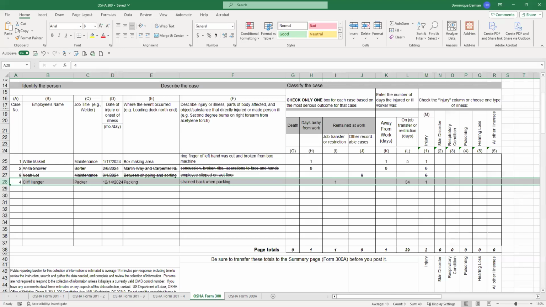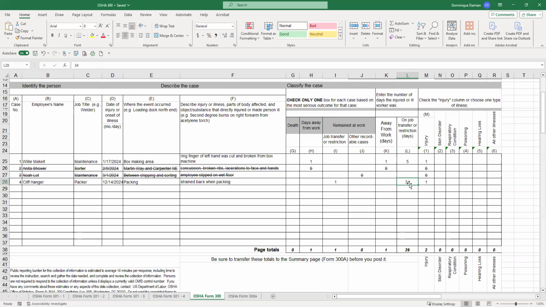He's doing some modified duty jobs. And because this accident happened on 12/14 of last year, we have crossover into this year. And he's been out of work at least for 34 days. Now you're coming to the point where you've got to fill out your OSHA 300 log. So you need to have an accurate number of days, right? Well, we don't know yet.